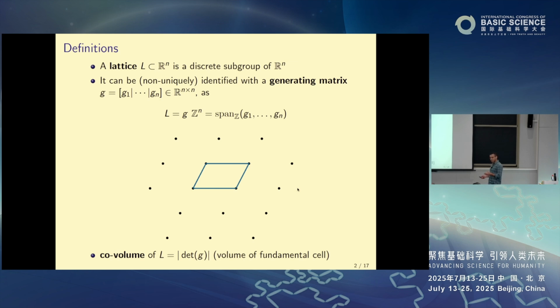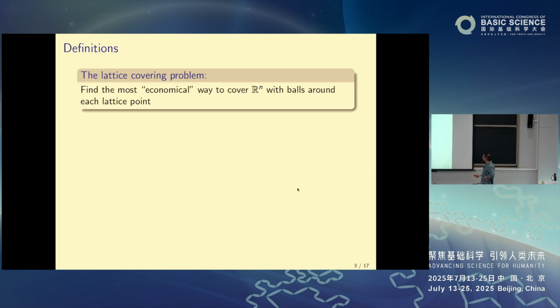Now, when someone gives you a lattice, the first question you will ask about this lattice is usually what is its minimum distance, or in other words, what is its packing radius or packing density. I will not talk at all about this question in this talk. But the second thing you will ask is what is the covering radius of this lattice, or its covering density. The main question in the lattice covering problem is that we want to find the most economical way to cover R^n with balls centered around each lattice point.